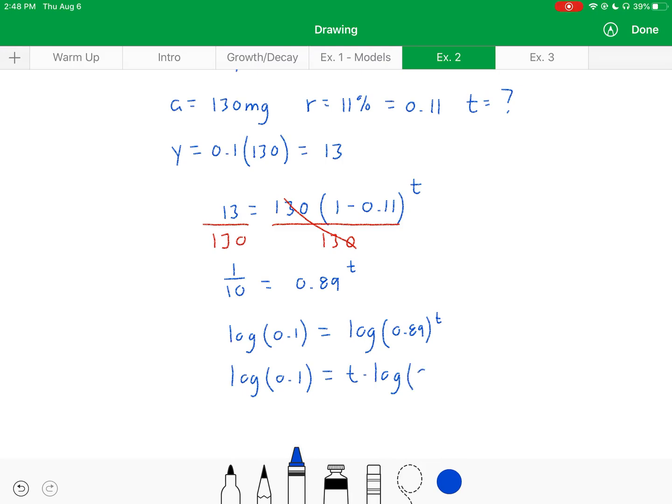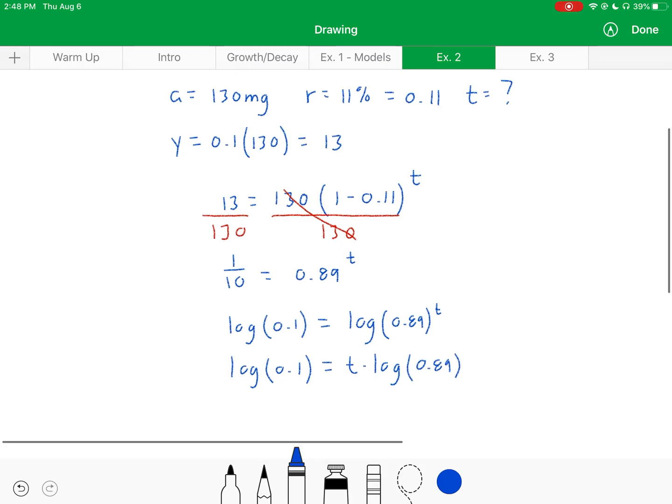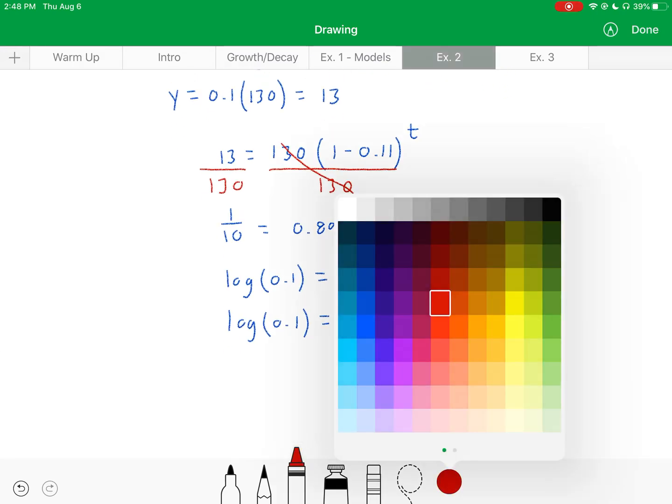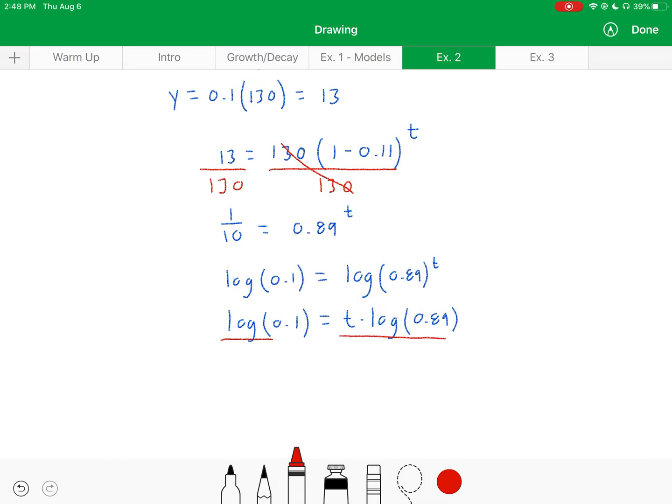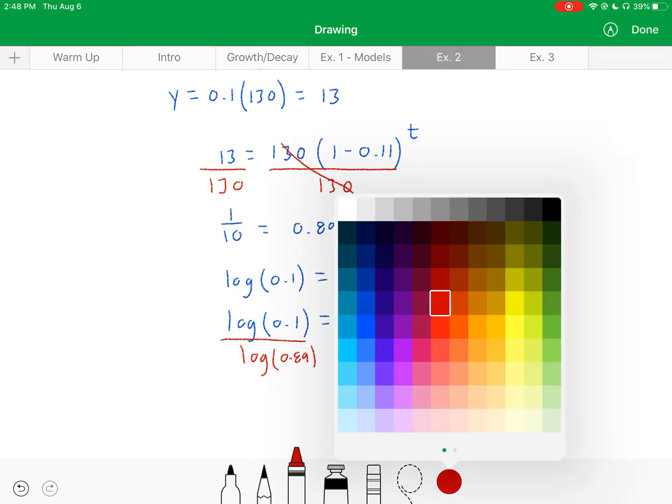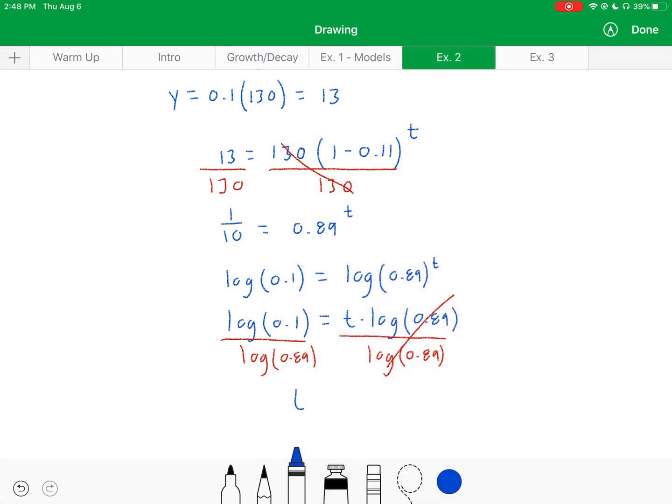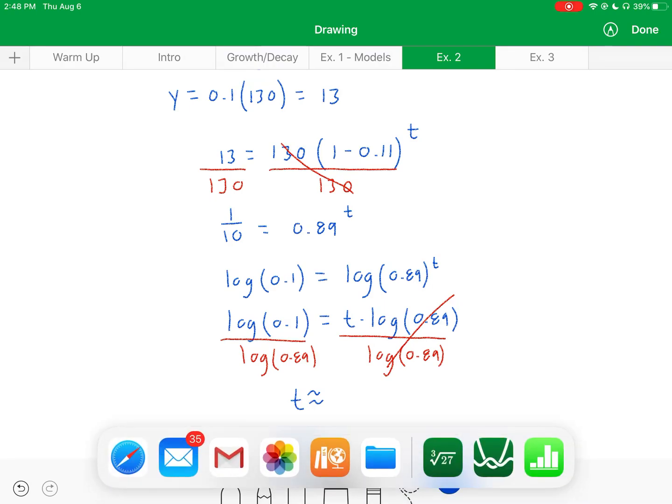Bring t down in front. Divide both sides by the common log of 0.89. And we'll pull up a calculator here and see what we end up with.